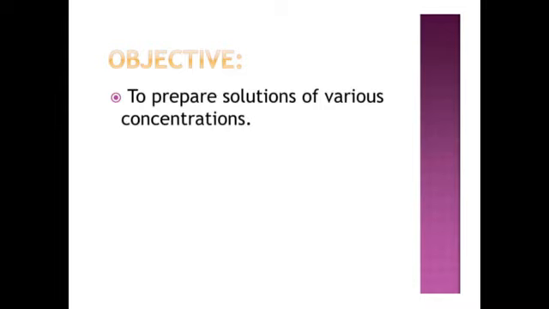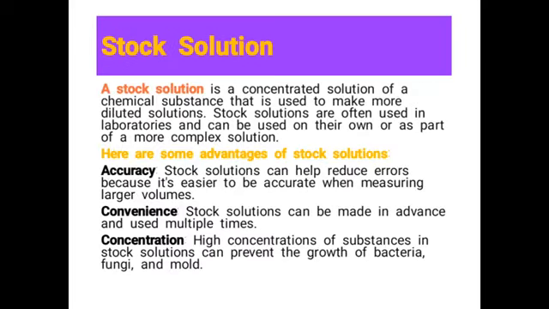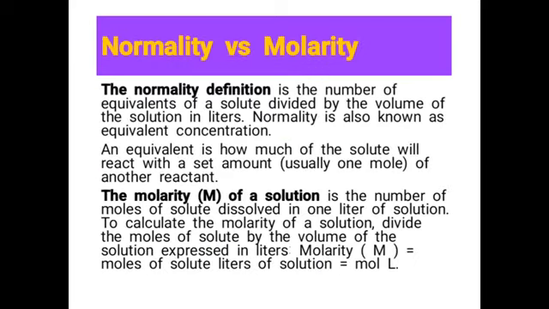This class is a continuation of our class on preparing standard solution, and in this part B we are going to be looking at how to prepare standard solution of acids and base. We have looked at before what are standard solution, primary standard, stock solution.